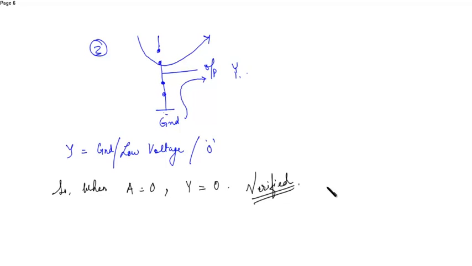Now we will see the second condition, when the input A is equal to 1.